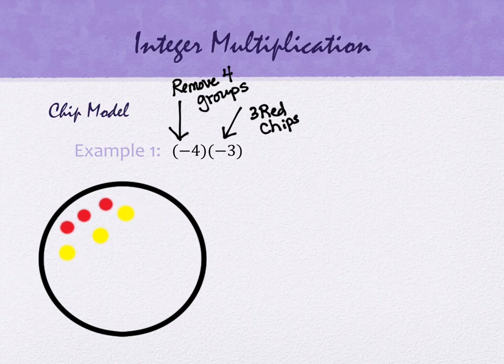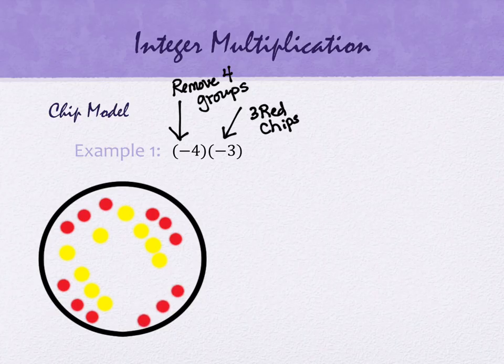Okay. So there's 0 pairs. I have 1, 2, 3 here. That's still zeros. That's still 0. That's still 0.